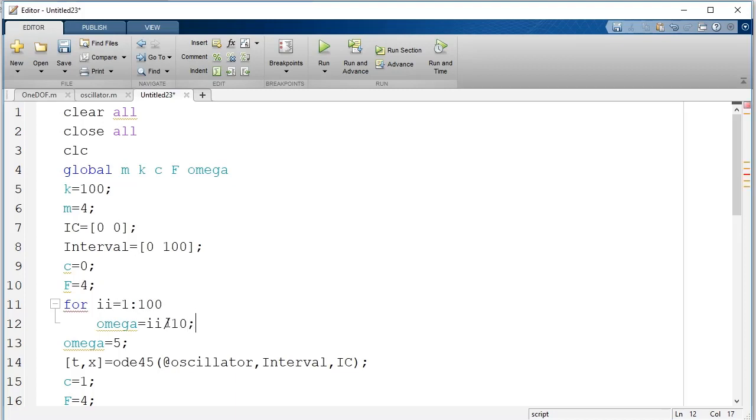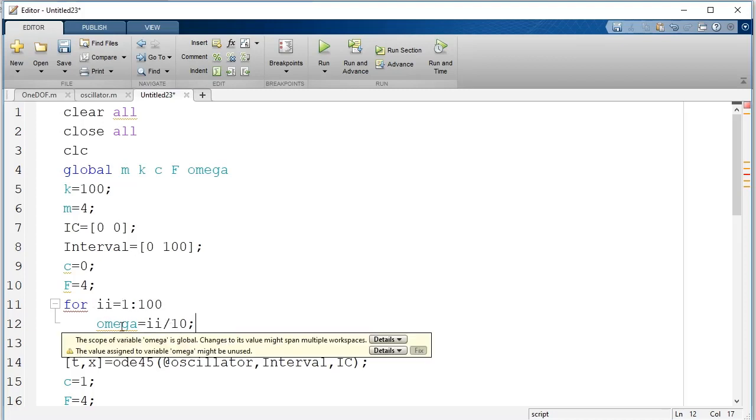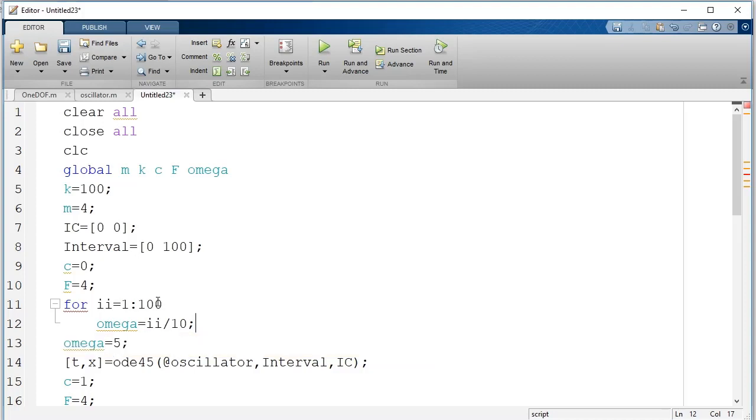So we want to sweep omega from 1 over 10 when ii is equal to 1, up to 10 when ii is equal to 100, and we want to see how the amplitude would change.